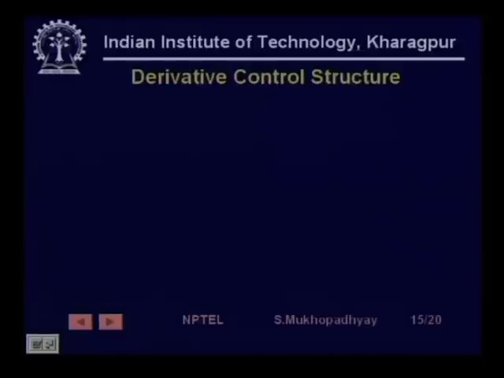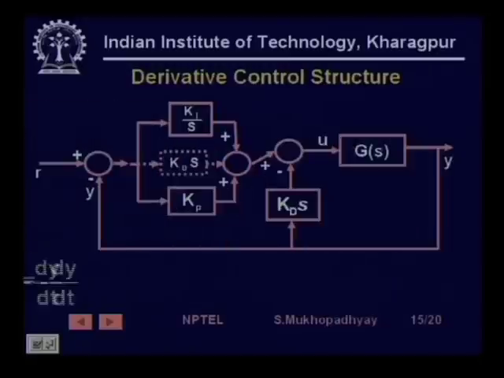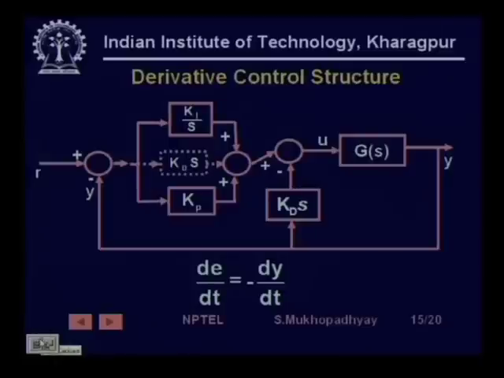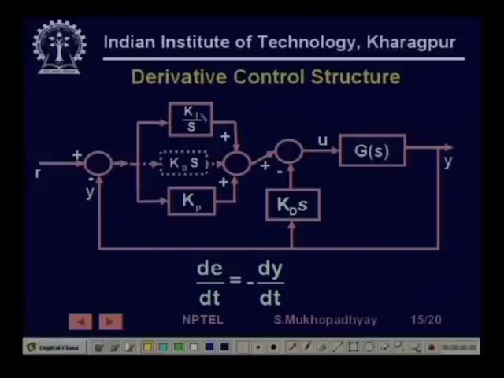Now, there is a second problem associated with the derivative control structure. So far, we have implemented the PID control like this, that is the error term goes here, gets multiplied by Kp, gets multiplied by Ki, and gets multiplied by Kd also.